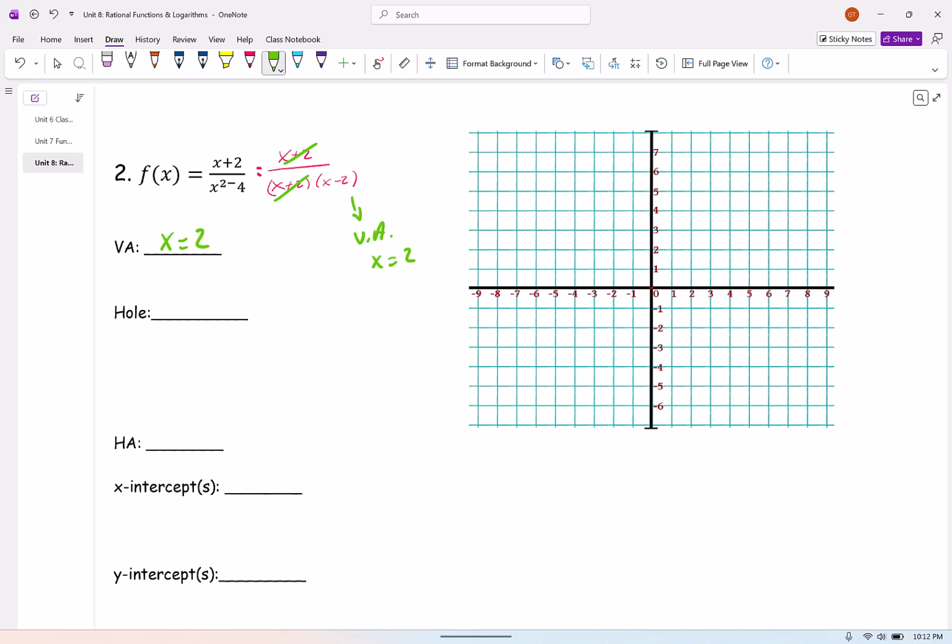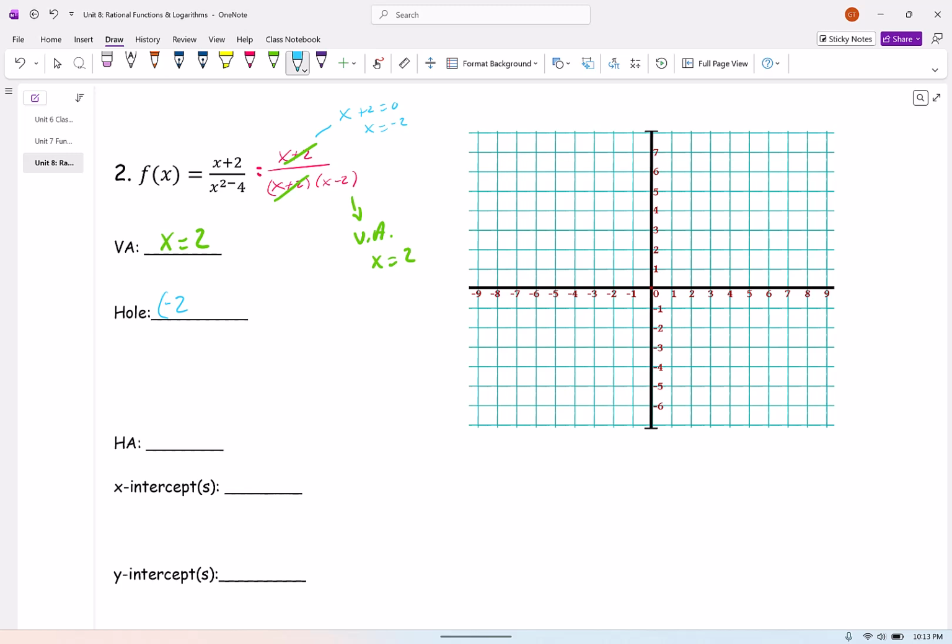All right, the hole that I have: I'm going to set x plus 2 equals 0, so x equals negative 2. That's going to be my x coordinate. Then I plug negative 2 back into the reduced function, which will be 1 over x minus 2.